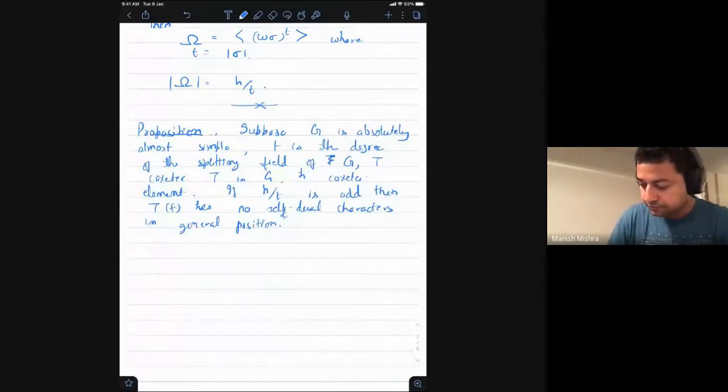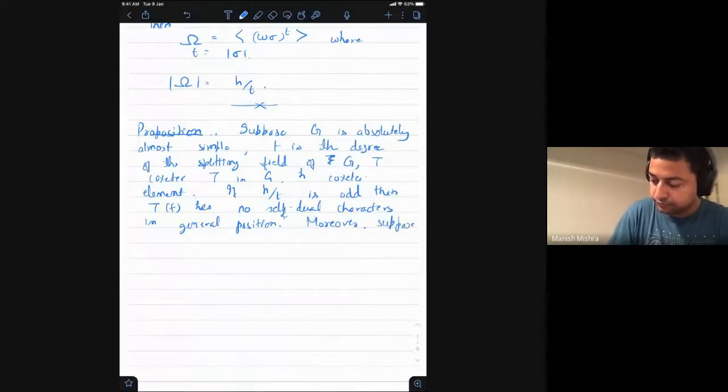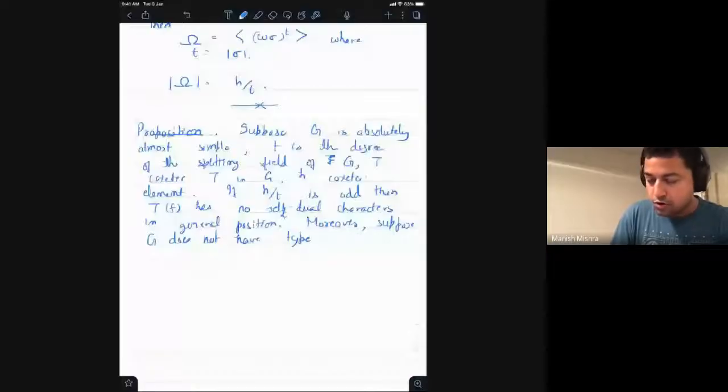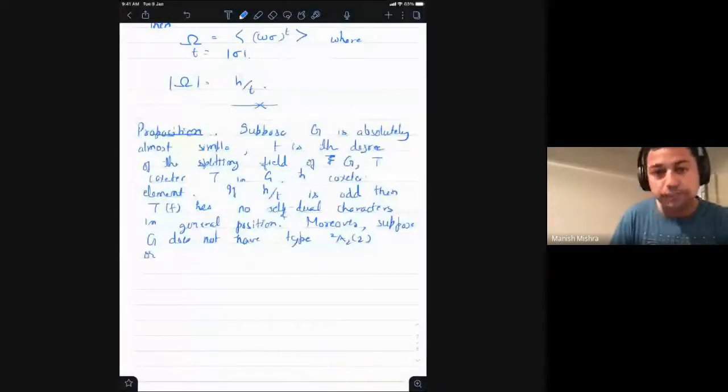Moreover, suppose G does not have type 2A2, 2G2, 2, then the following hold.